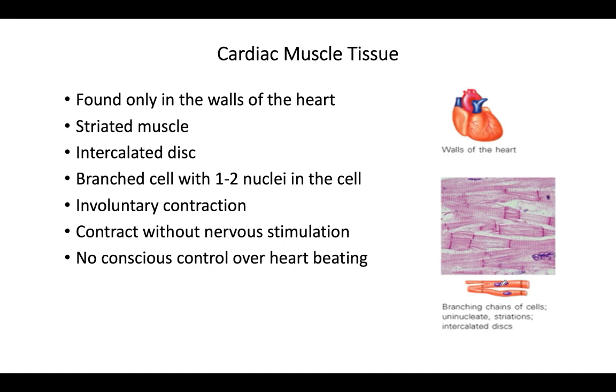Furthermore, smooth muscle and cardiac muscle are not consciously controlled by the nervous system. So if you command your heart or stomach, saying, okay, just stop moving for 10 milliseconds, your stomach or heart will not follow your order. Rather, they are controlled involuntarily or unconsciously by the autonomic nervous system.